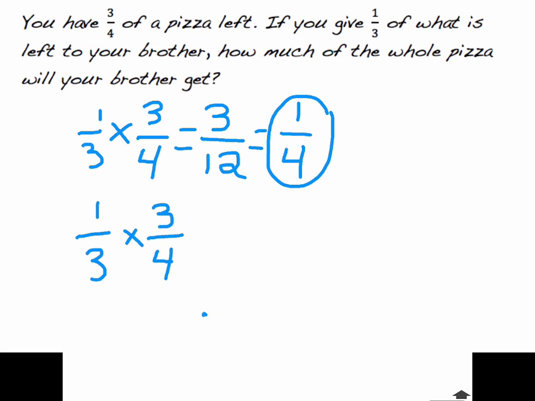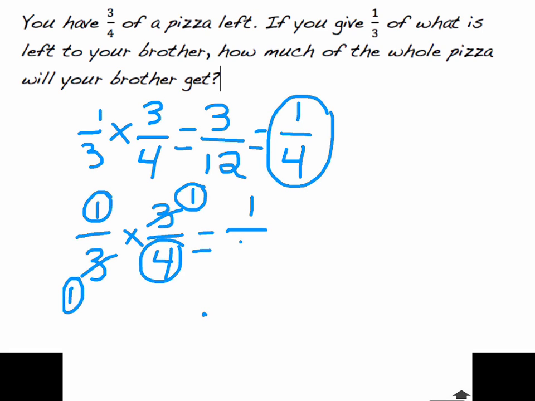When they are the same number, they cancel each other out and become 1s because 3 can go into 3 one time, and on the top 3 can also go into 3 one time. This makes our multiplication really easy because we just take our 1 times 1, which is 1, and then our 1 times 4, which is 4.